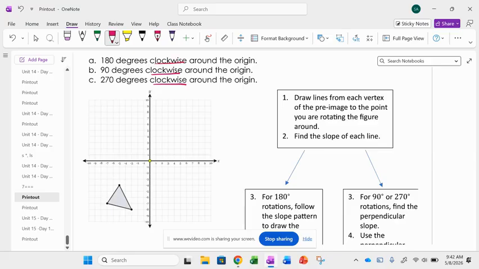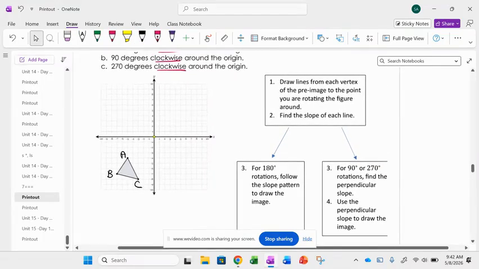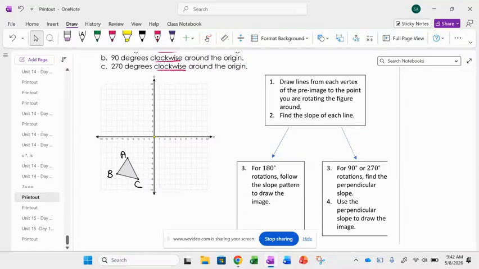So let's call these coordinates A, B, C. And now the rule for rotating is different depending on the rotation that we're performing.